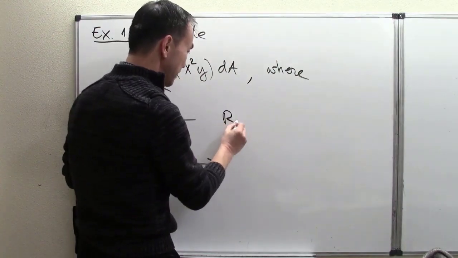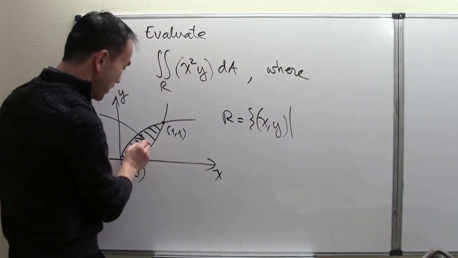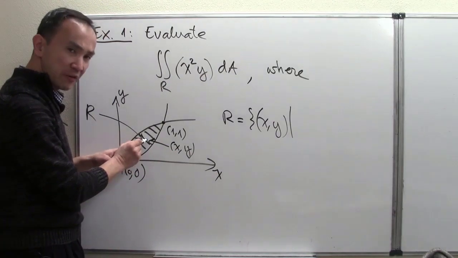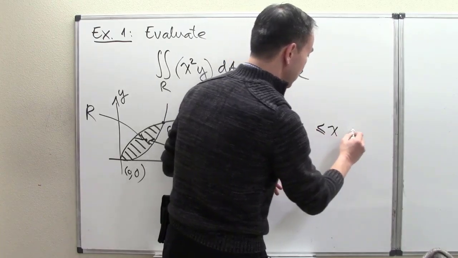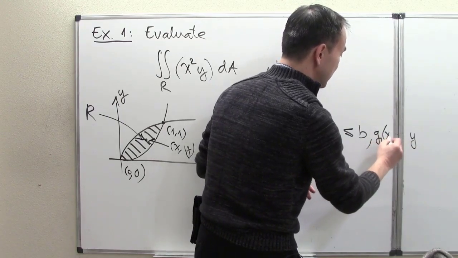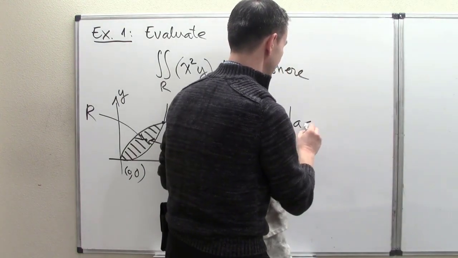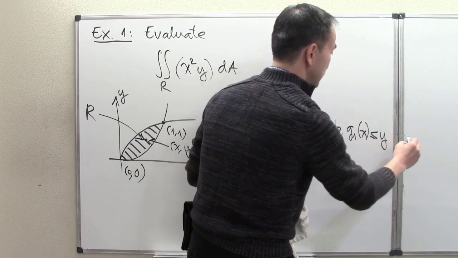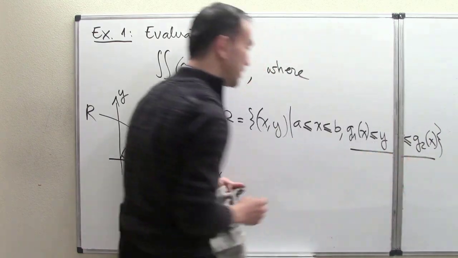The same region can be expressed as all pairs (x, y), because any point in this region is a point (x, y), such that x is between some values a and b, and y goes from some function g1 of x, g1(x) less than or equal to y, and y less than or equal to some other function g2(x). What do these two inequalities mean?